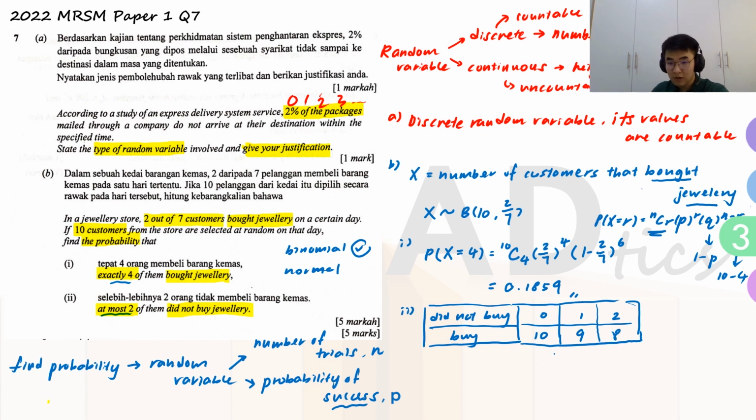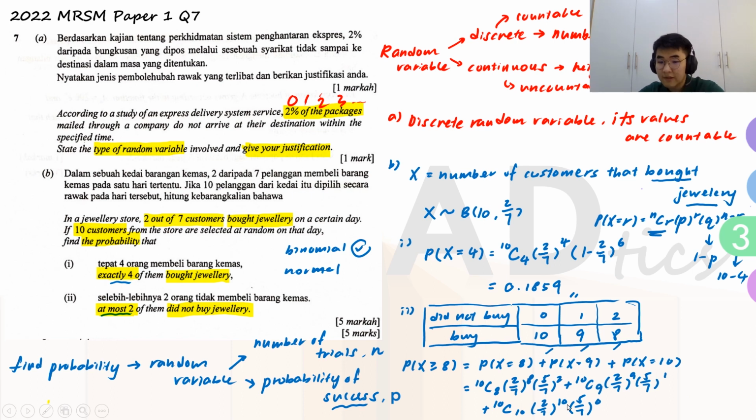Right, so here it means that we need to calculate the probability where there are more than or equal to 8 customers who bought the jewelry. Okay, so our probability would be P(X is more than or equal to 8). And we need to calculate the probability for these 3 cases: X equals 8, X equals 9, and X equals 10.